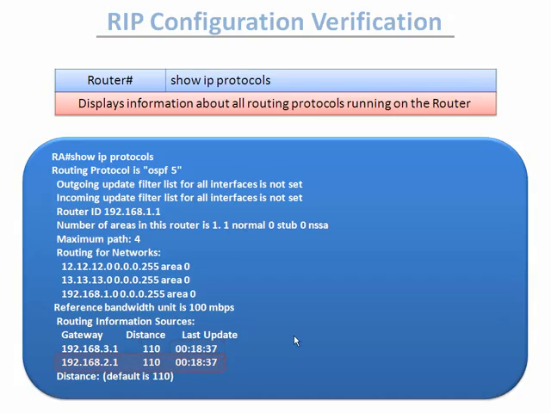The next neighbor is 192.168.2.1, which is router B, and it has also the same administrative distance, and we haven't received an update or LSA from that router in 18 minutes and 37 seconds. And in the last part, we can see that the default administrative distance of OSPF is 110, but we already saw that.